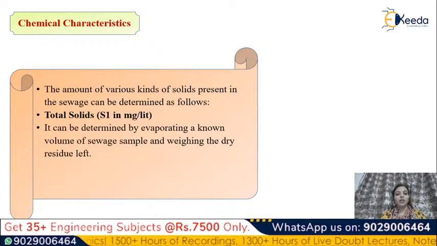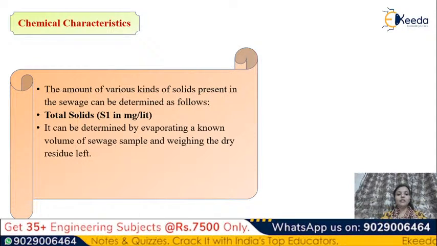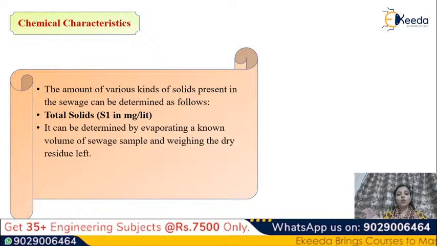That means suppose there is one container, in which you have taken 100 ml of sewage sample. You can dry this sample overnight for 24 hours, and after evaporating all the water present in that sewage, all the impurities left are nothing but the total solids in milligram per liter.